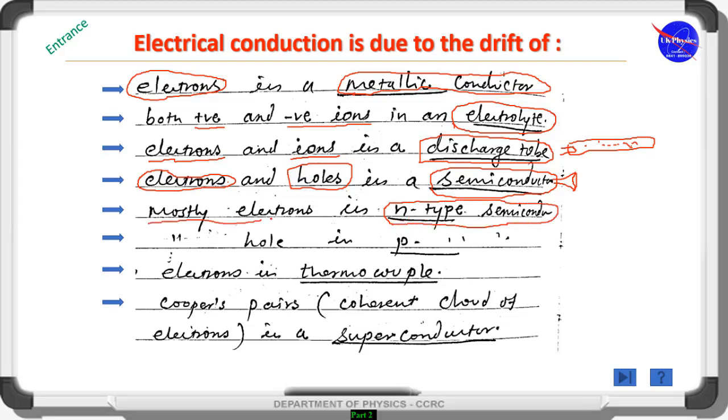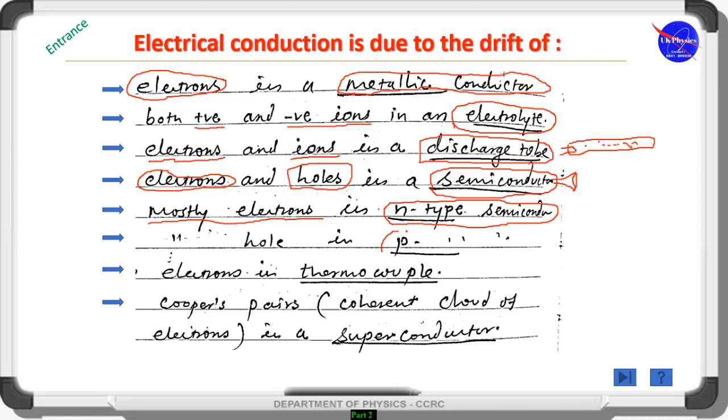Here is an n-type semiconductor. N-type means the semiconductor which has mostly electrons. So in an n-type semiconductor the electrical conduction is due to mostly the electrons. There might be some conduction due to the flow of positive charge, that is holes, but the motion of the holes inside the n-type semiconductor can be neglected.